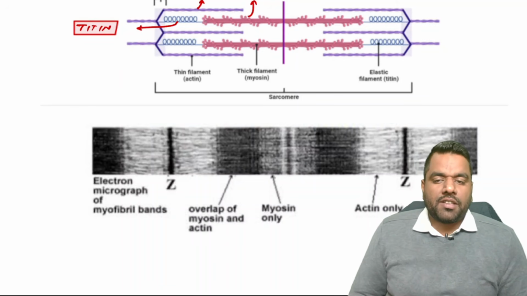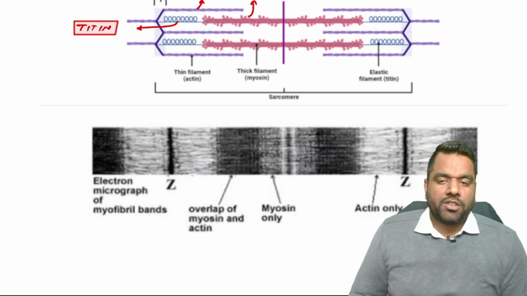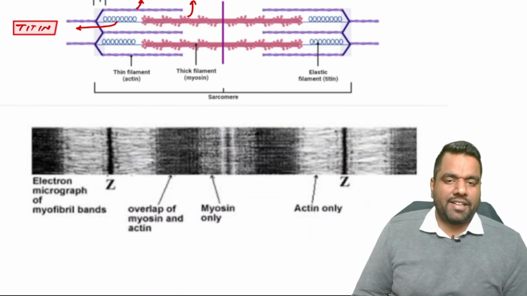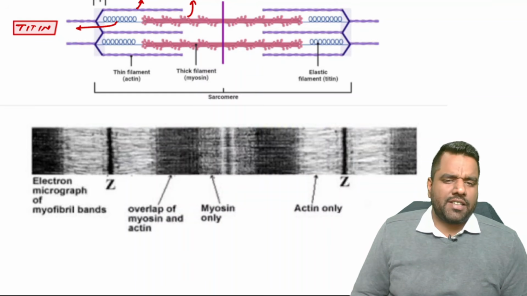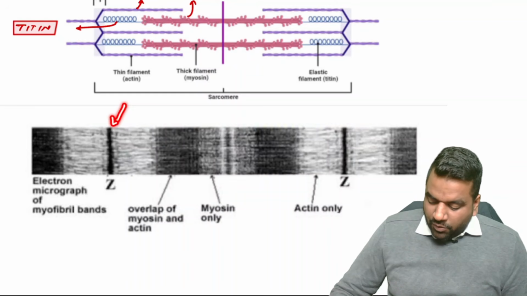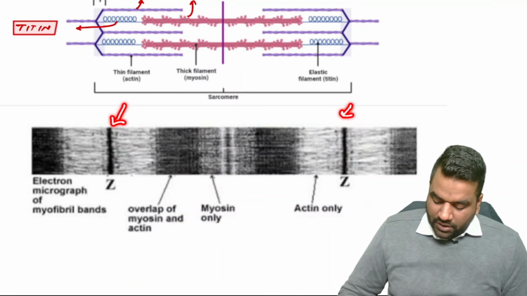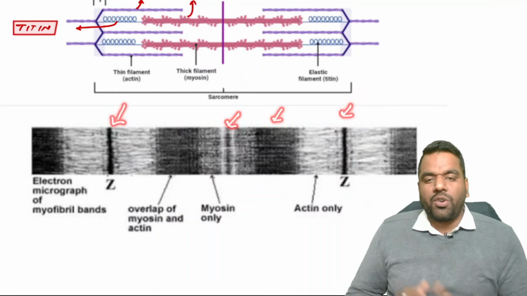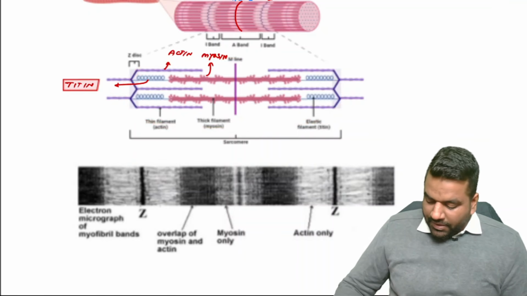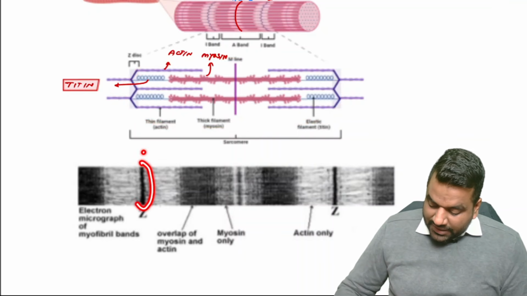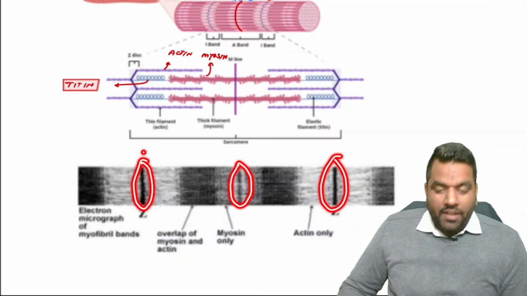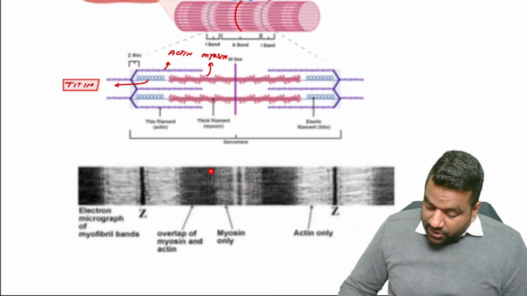So this is your sarcomere, a very, very important structure. Sometimes examiners ask how this sarcomere looks on an electron micrograph. It will look something like this. In various examinations, they put an arrow and ask what this structure is. If you compare with this image, you can easily understand that this is your Z line, then this is your M line, then this is the dark zone.